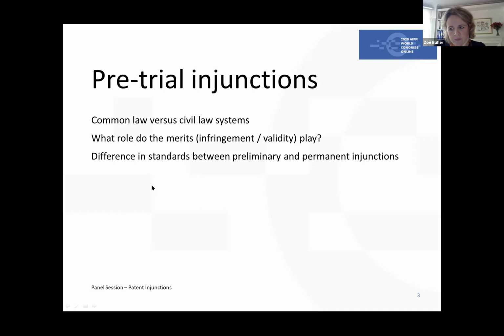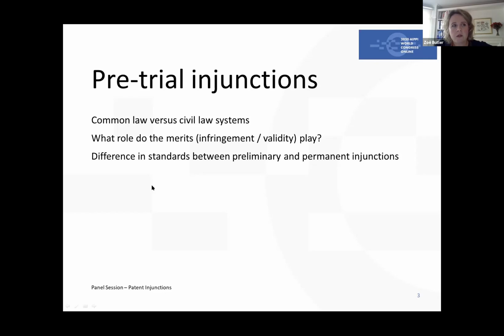Just to give a sense of this, a recent example, a decision handed down by the Court of Appeal earlier this year during lockdown, where a patent had been held invalid by the opposition division at the EPO, but that decision was suspended because there was an appeal pending to the Technical Board of Appeal.